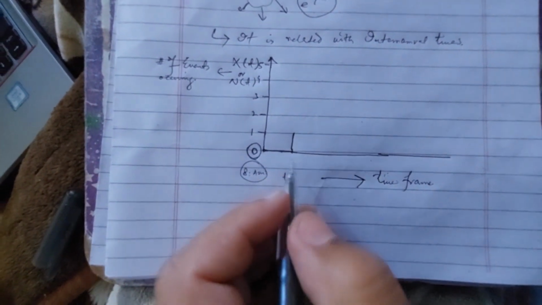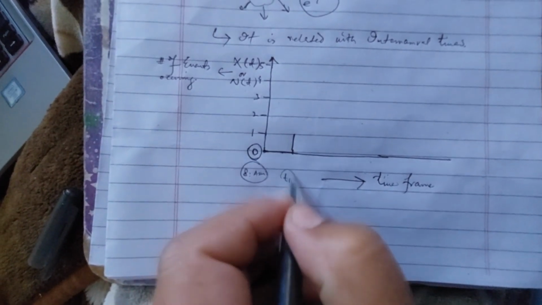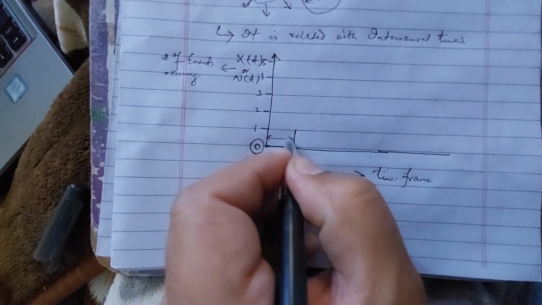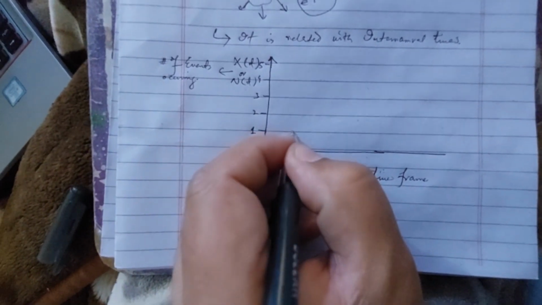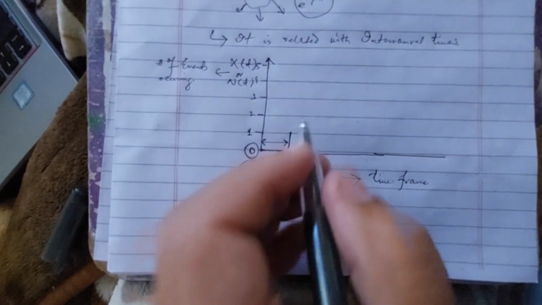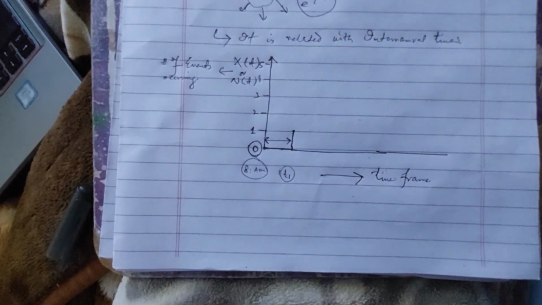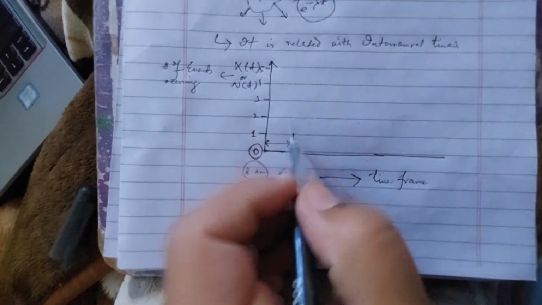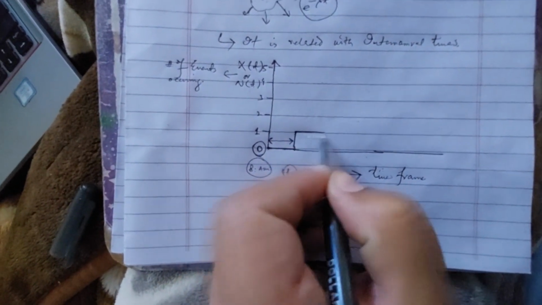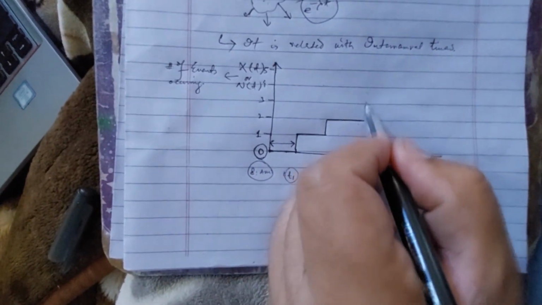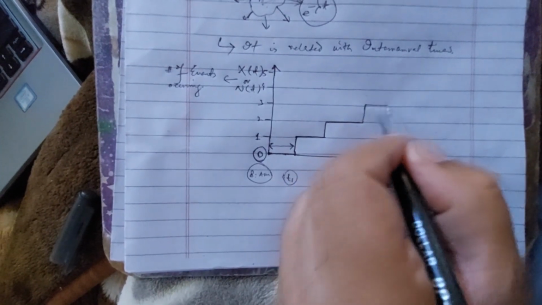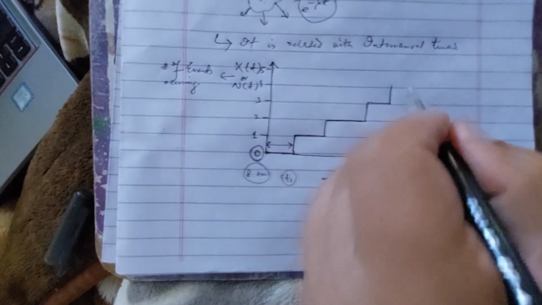After 5 minutes, for example t1, one customer has arrived, so the first event has occurred. After some time, a second event occurs, then the third, and the fourth, and fifth, and so on.